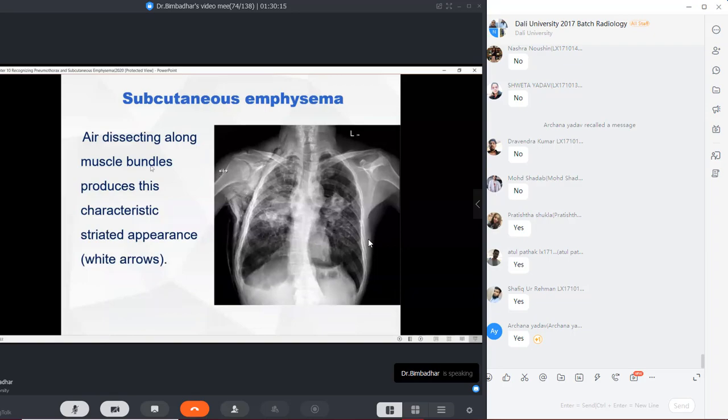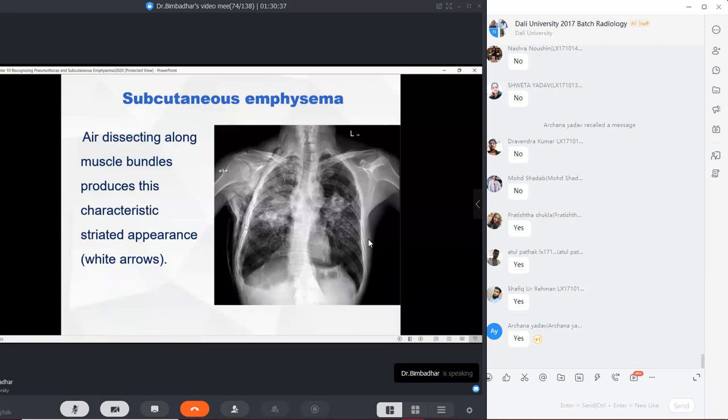Air dissecting along the muscle bundles produces a characteristic striated appearance. You see here, right? The brachioradialis muscles, all of them show up with a striated appearance. All the muscles will show up as a fan-like structure. That is a characteristic feature of subcutaneous emphysema.